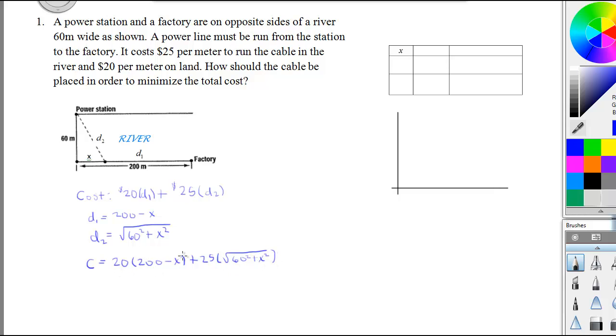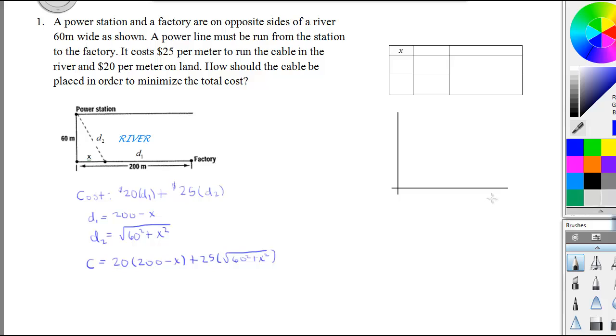So now that equation will give you different costs when you vary this distance x, and you want to find out what the distance x is when the cost is the cheapest. So you'll end up having a graph over here that has a minimum, and you're looking for the place where the graph has the lowest cost.